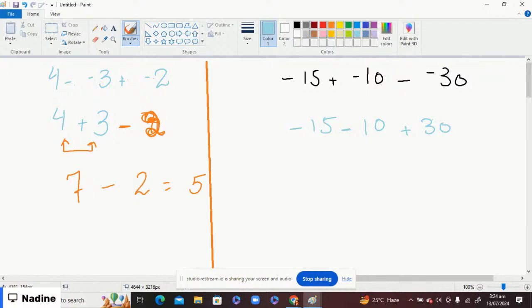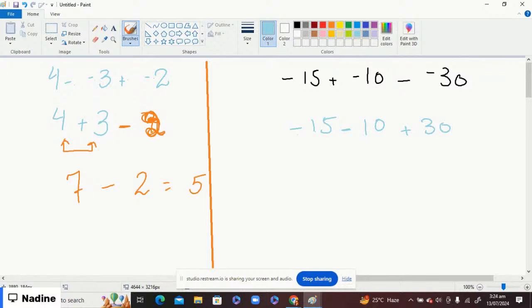So now here check minus 15 and minus 10. What's the answer for minus 15 and minus 10? There is minus minus, so it means that if there are two minus signs, it's addition.